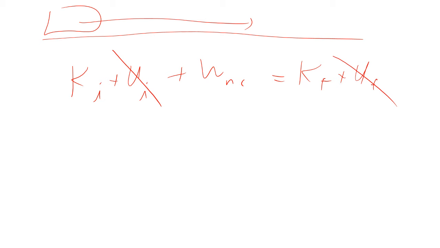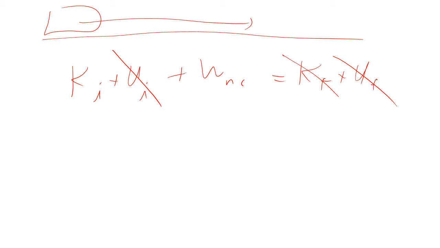So initial kinetic plus potential, okay, equals final kinetic plus potential. Oh wait, I said conservation of energy, but I also said friction. So there's non-conservative work in here. Now, the initial and final, we're assuming this is level, so otherwise it's more complicated. If it were not level, you'd have to include the difference in potential energy, but we're assuming it's level.